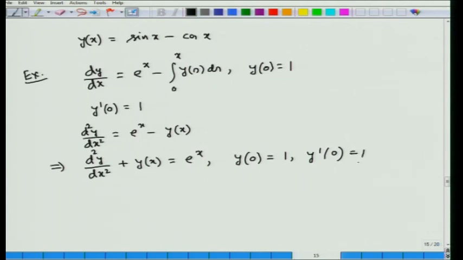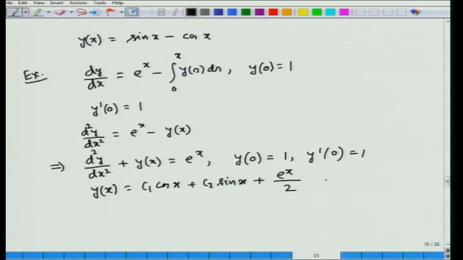So, the given Volterra integral differential equation is now converted into an ordinary differential equation, and you can solve this equation directly. Its general solution is given by y(x) equal to c1 cos x plus c2 sin x plus e to the power x by 2. The first part, c1 cos x plus c2 sin x, is the complementary function, and e to the power x by 2 is the particular integral.